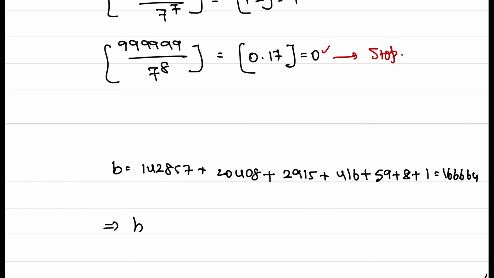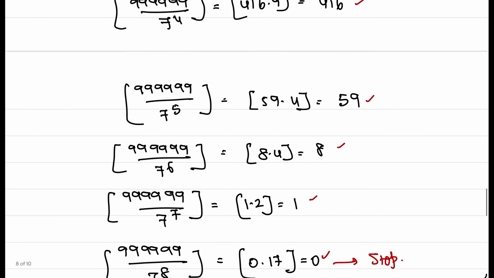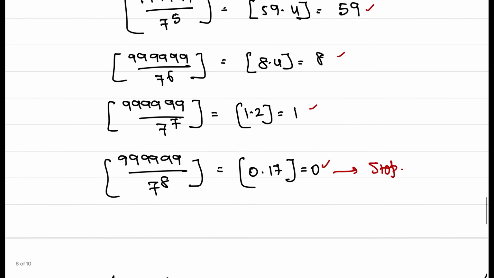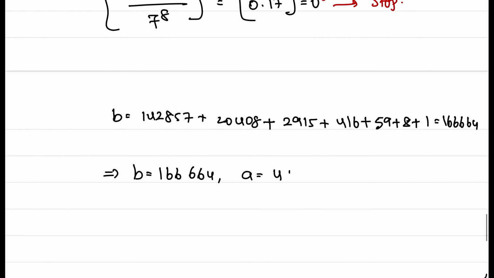That implies B is equal to 166,664. Already we have found what is the value of A. A is 499,993.